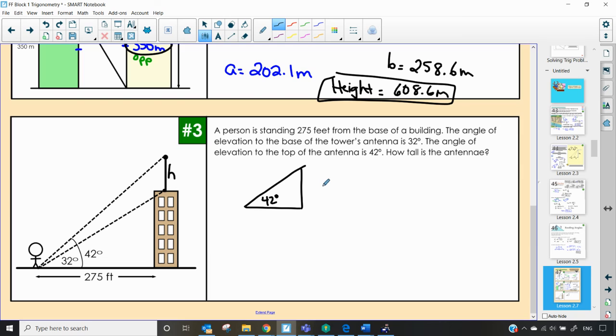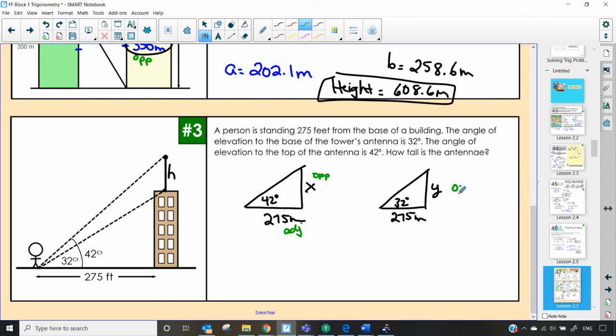So we have 42 degrees. We know that this distance is 275. And we know that we have to find this height. And then the other triangle has an angle of 32 degrees. We also need to know that height, and the distance from the building is also 275. So labeling our triangles, we have opposite and adjacent.